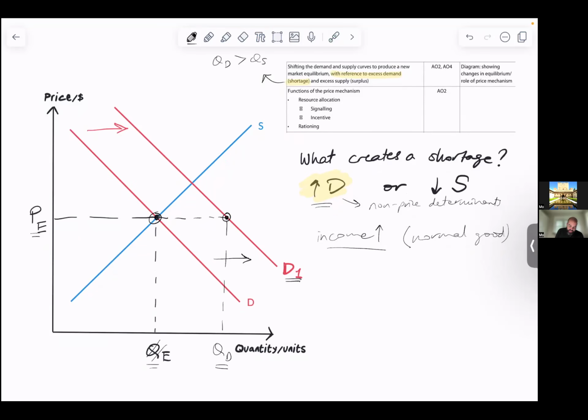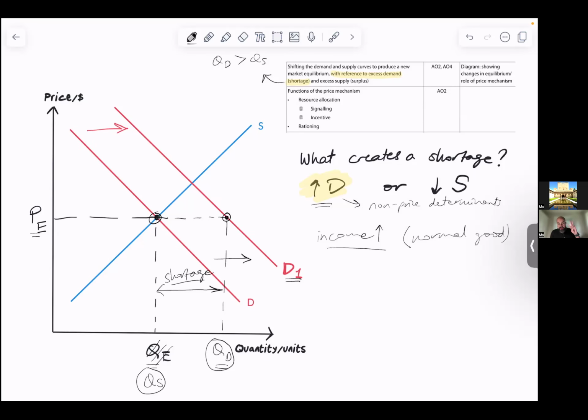And QE is no longer QE because the market is in disequilibrium. QE is just QS, the quantity supplied. Producers haven't yet caught up with the increase in demand. So temporarily, for a period of time, quantity demanded will be greater than quantity supplied. This distance is the shortage.